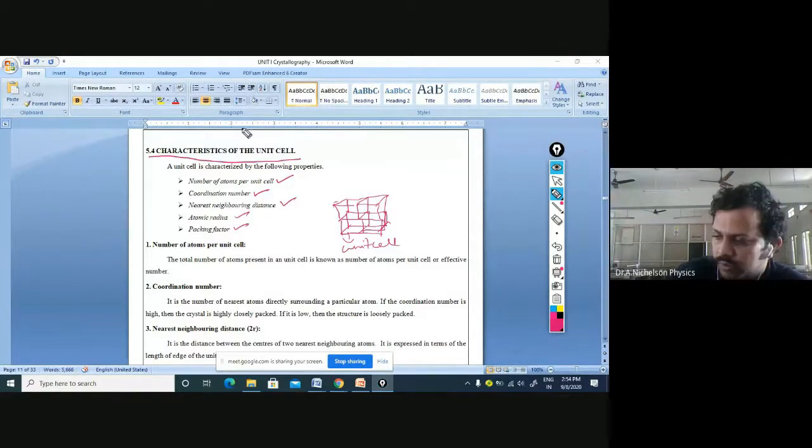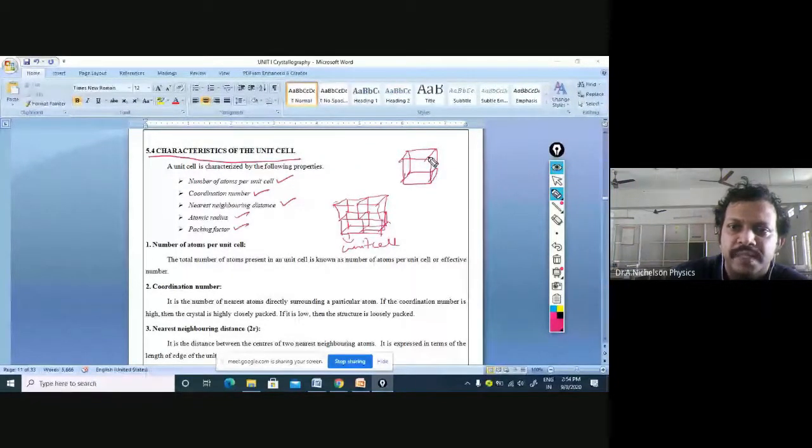So here I'll draw only one unit cell, just a cubical structure, one unit cell. So this is one unit cell. Okay. So here, number of atoms per unit cell: how many atoms are possessed by this particular unit cell?